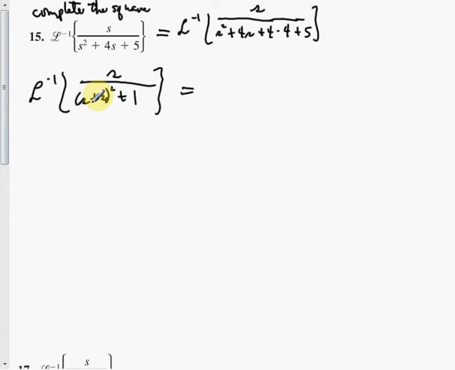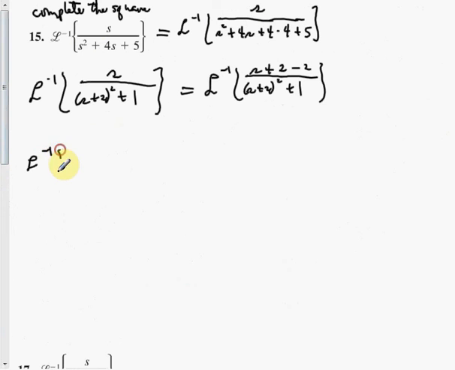Oh, man, that's rough. So I'm going to add a 2, and at the same time, I'm going to take a 2 away. So we're going to say plus 2 minus 2. I don't want to harm anything. I'm going to leave everything as it is, but we'll just use our math magic. Plus 2 minus 2 over s plus 2 squared plus 1. I'm going to break that down.